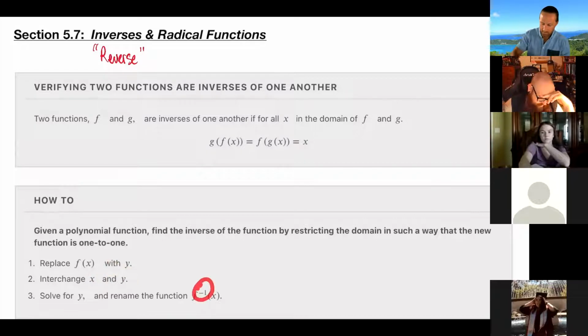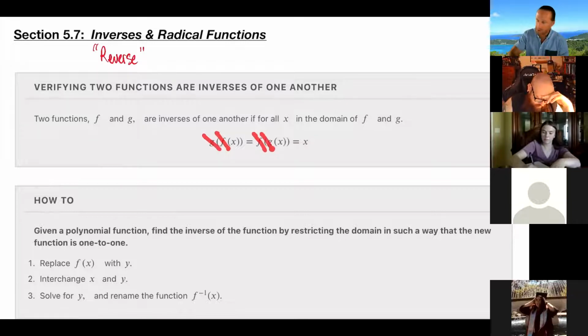Just don't forget to put that -1 on the y or the f to let me know that it is the inverse. That's the symbol we use. Okay. To verify if two functions are inverses of each other, that means they would undo one another.